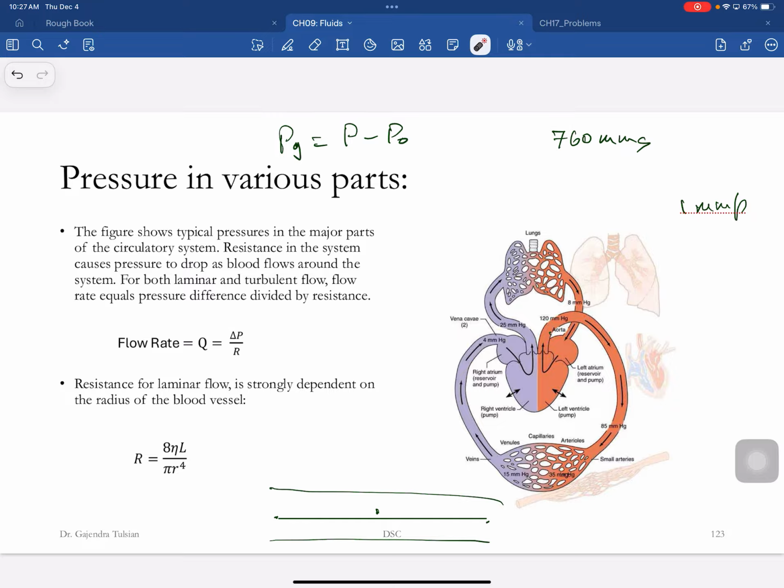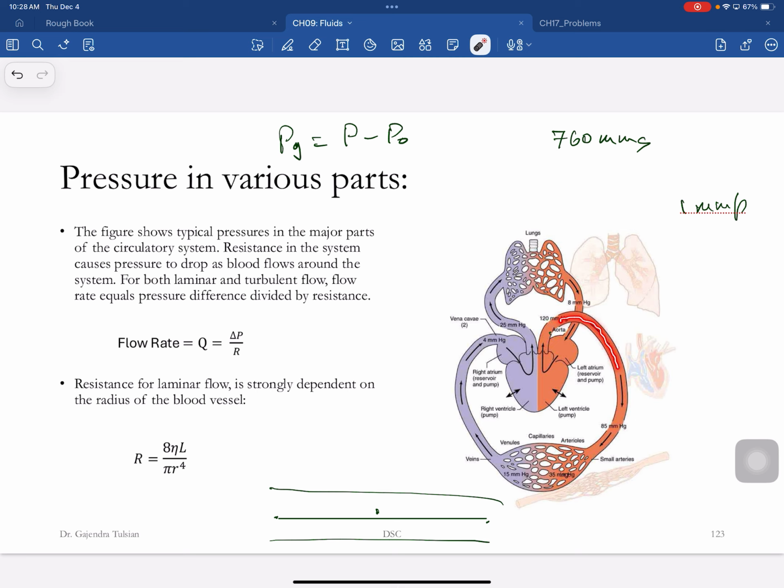All right, so look at this here. This shows you all kinds of pressure at various locations. I'll point to something interesting. So here's the pressure in the aorta. It's 120 millimeters of mercury. Again, these are all gauge pressures. By the time you get to the capillaries, it's 35 millimeters of mercury.